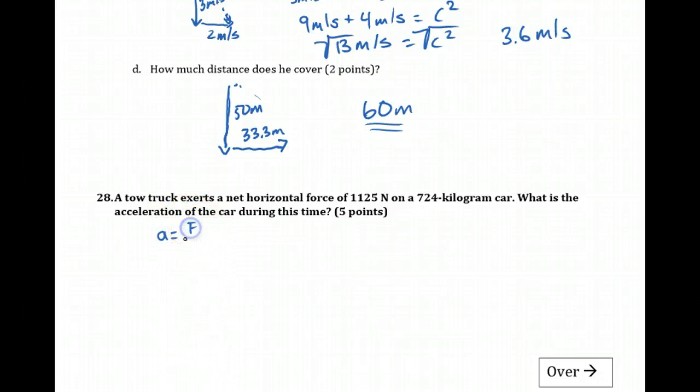Acceleration equals force over mass, which is equal to 1125 newtons over 724 kilograms. And that is going to equal about 1.5 meters per second squared.